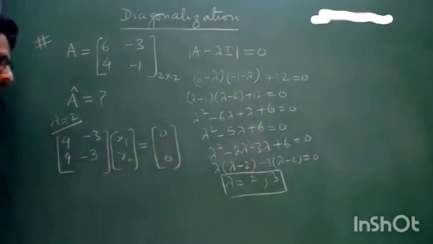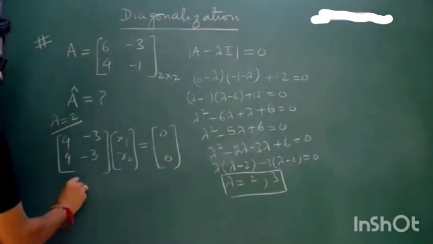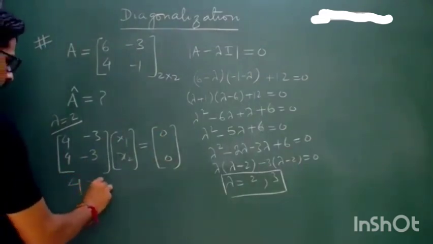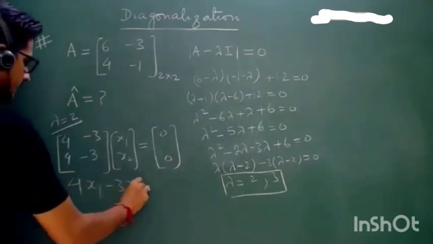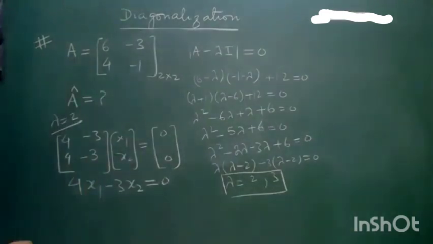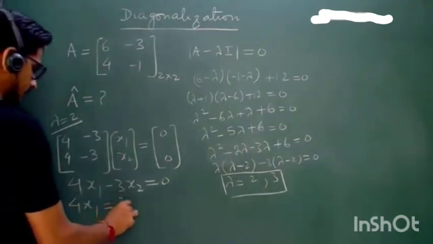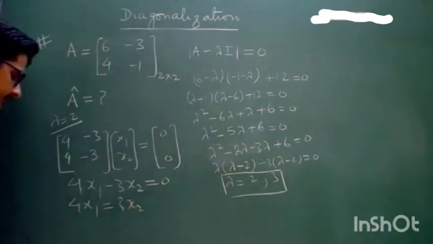Correct? Keep on checking. So it will become 4x1 minus 3x2 is equal to 0, and this one is also the same. So you will get 4 of x1 is equal to 3 of x2.